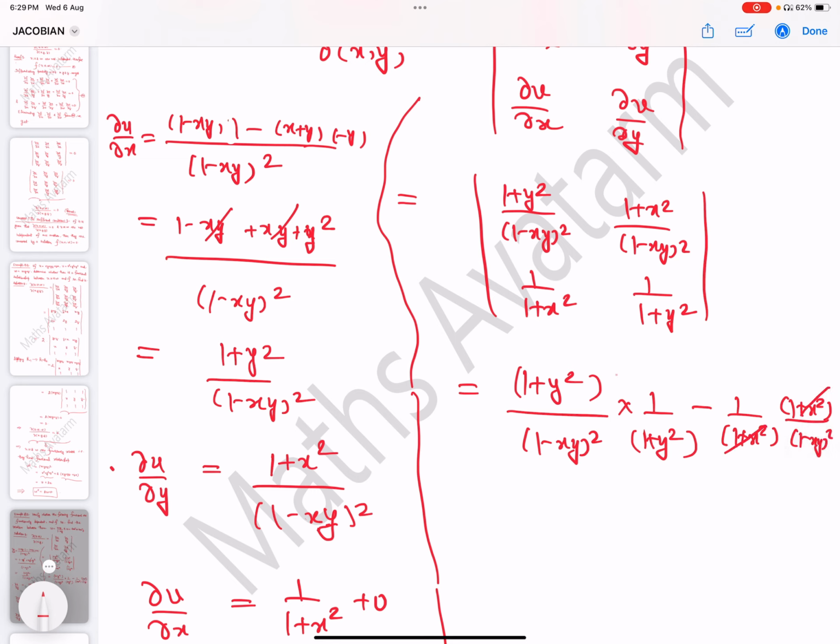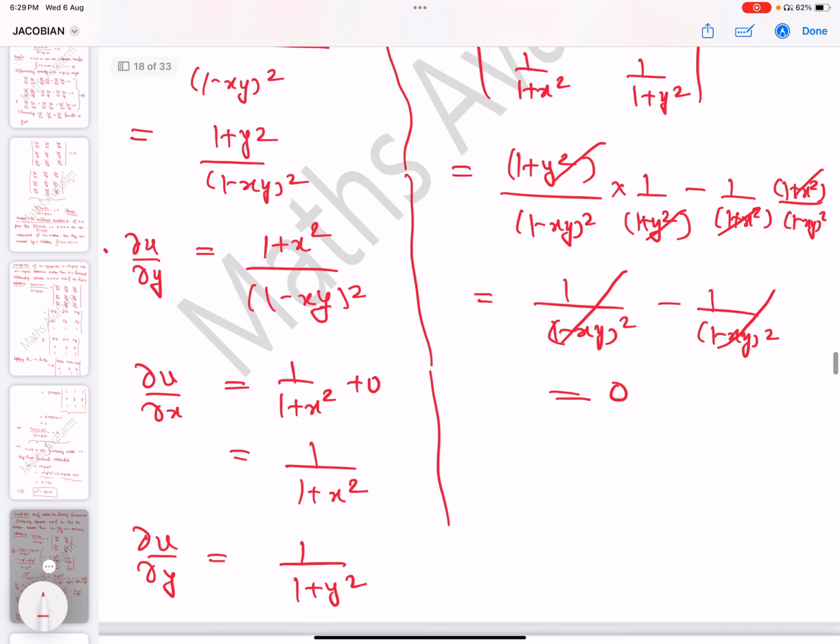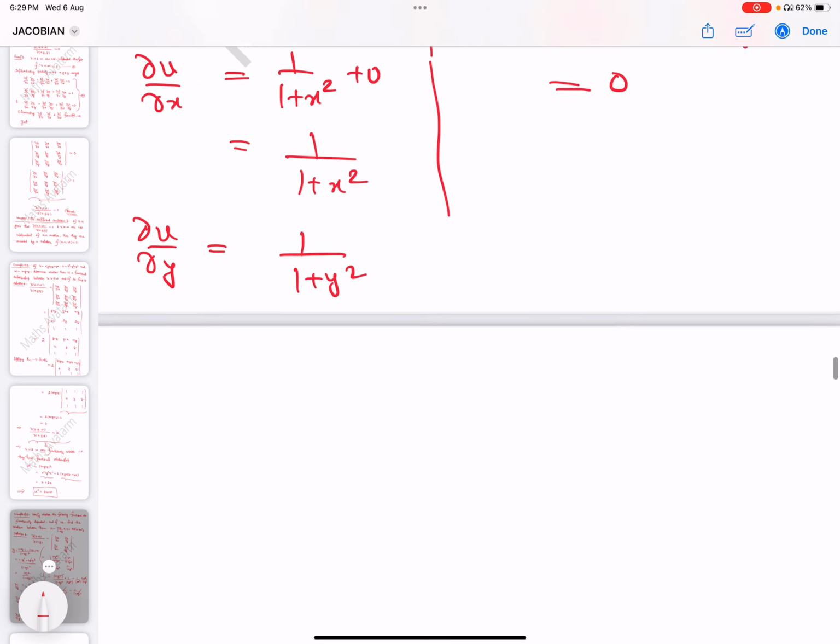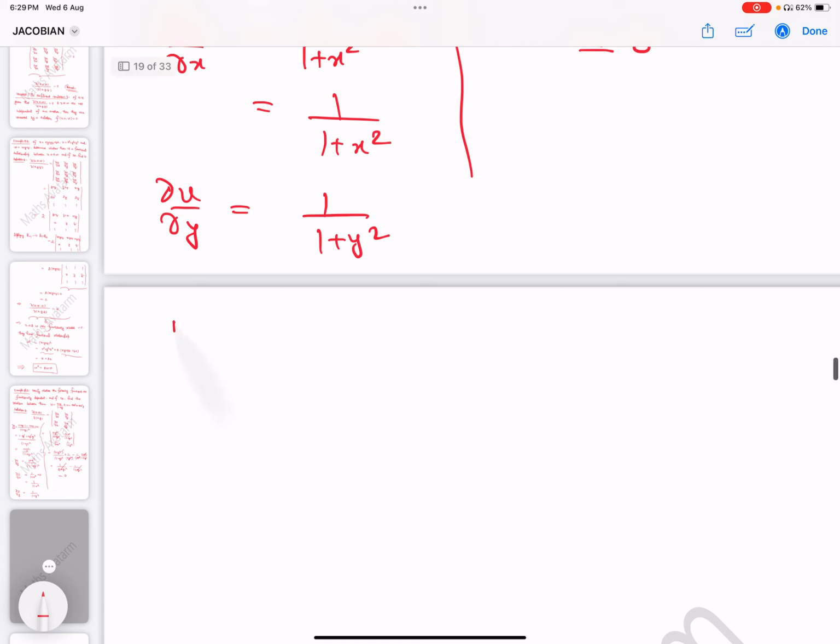If this is cancelled out, so this is 1 minus xy square upon 1 minus xy square. This is 0. Okay. So what we got? We have del u v upon del x y is equal to 0.